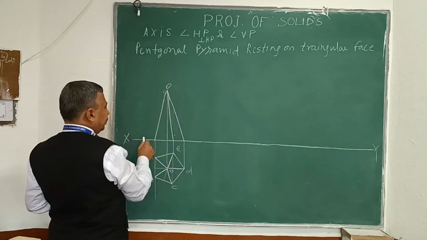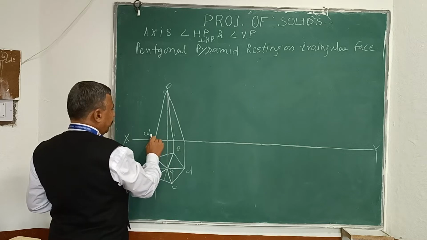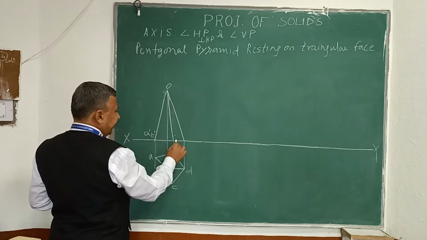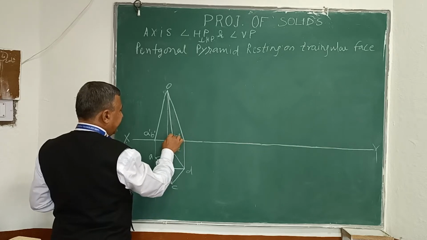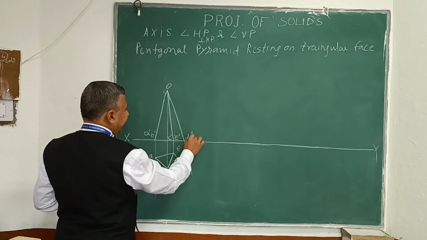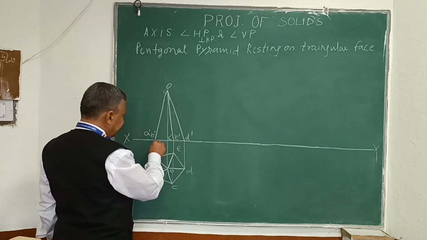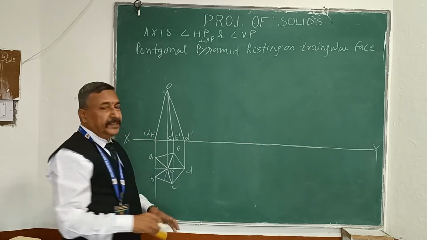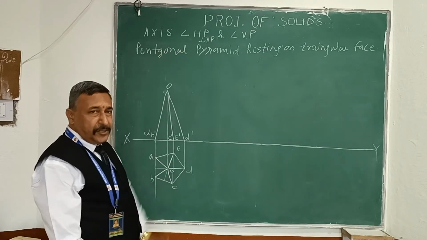This is O, this is A dash, this is also B dash, this is E dash and C dash, and this is D dash. This is the projection when axis is perpendicular to HP.